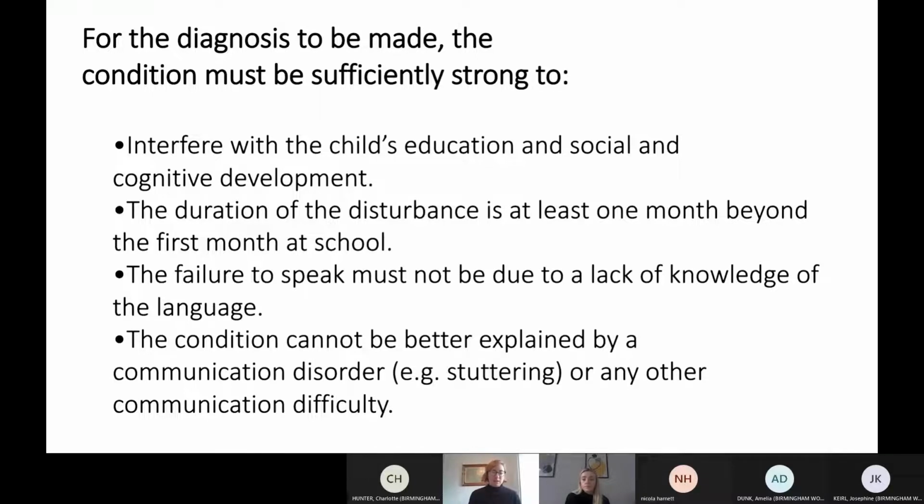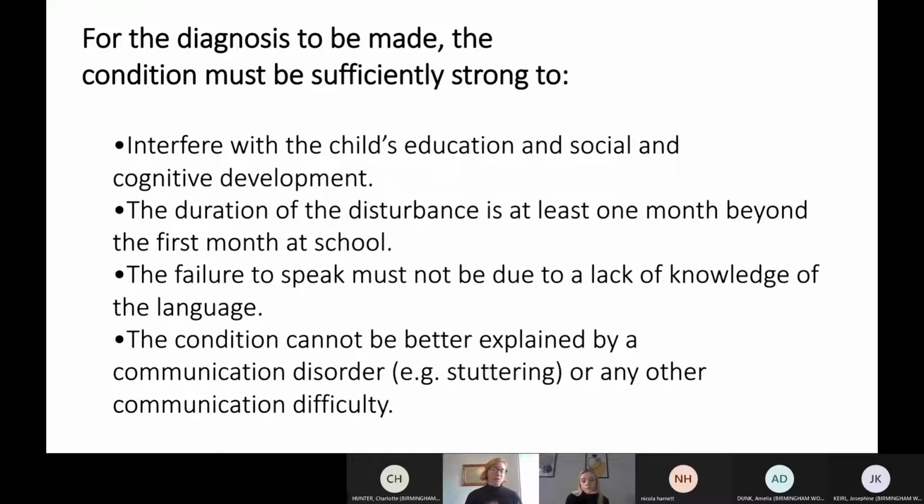Selective mutism isn't when a child doesn't speak because they don't know the native language. So if a Bengali speaking family come to England and that child wouldn't speak in school for a while because they're just learning the language, it's not that. Also, that child, if they spoke to a teacher who could speak Bengali, they would speak confidently.